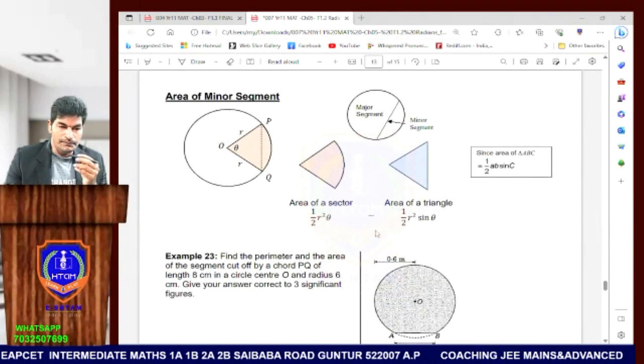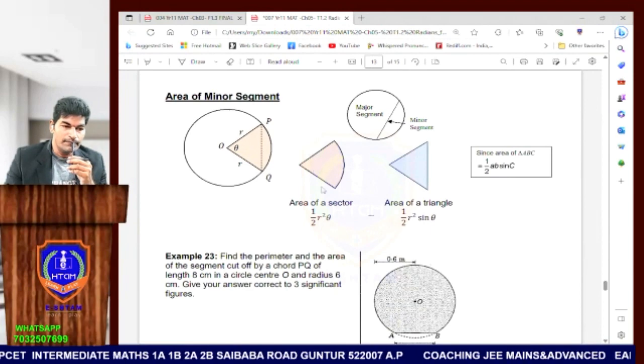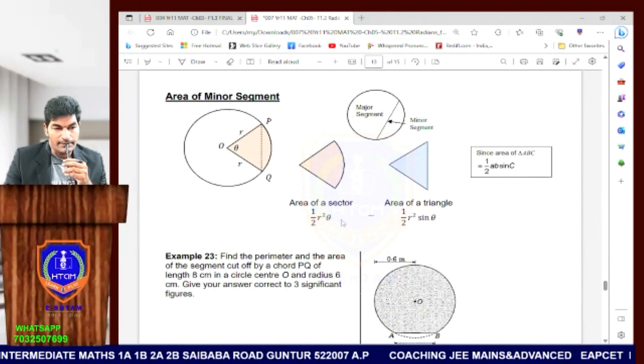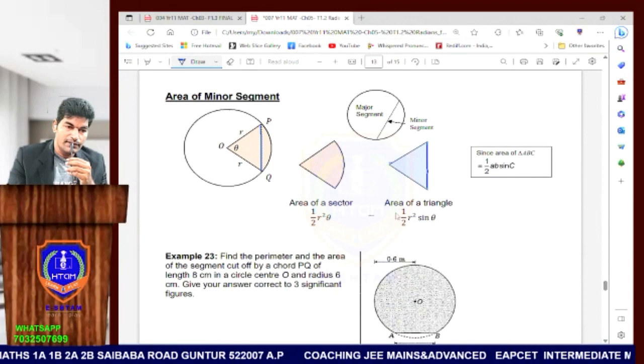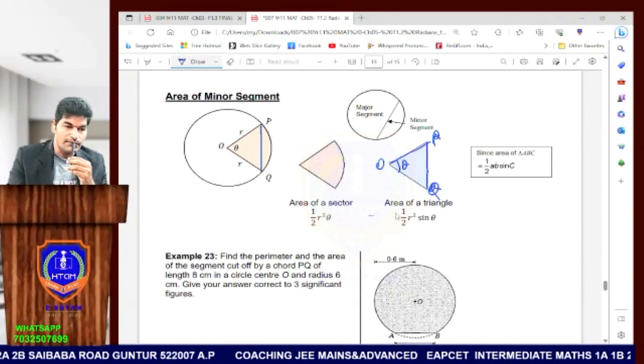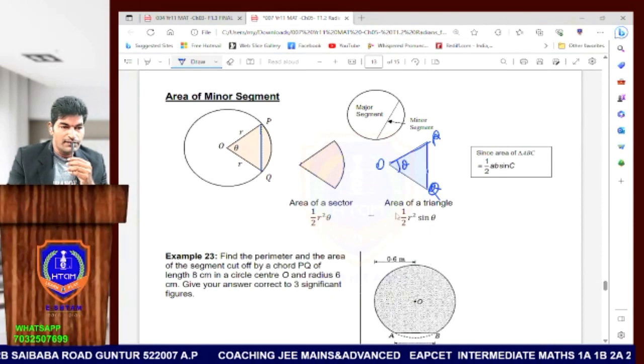If you consider the area of a sector, the formula is r square theta by 2, and then you subtract. Look at this diagram. If you join PQ, with theta at O, this shape is a sector.